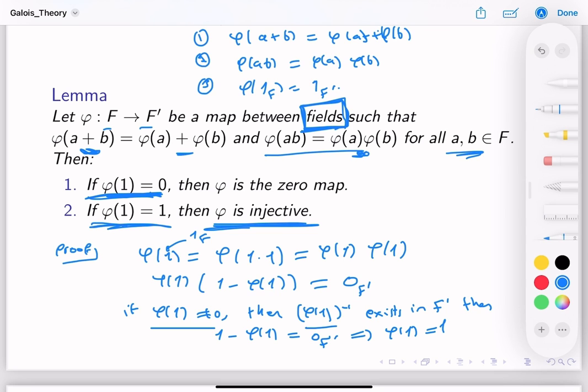So this is the first thing that we have, and in addition we have that the map phi is injective. This is an important property since, as we shall see later, we'll be interested in automorphisms of fields.